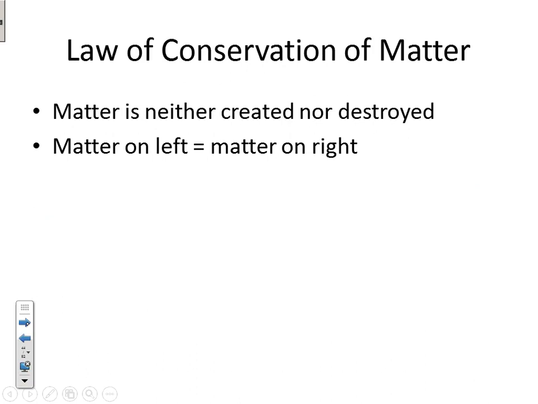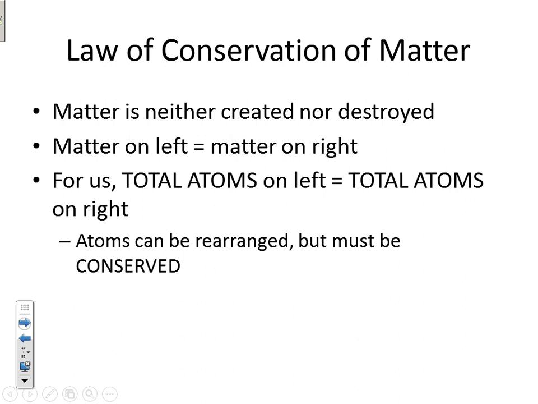The first law of conservation we're going to see is the law of conservation of matter. So that means that matter is neither created nor destroyed. And whatever matter you start with on the left-hand side of the arrow, you must end with the exact same amount on the right-hand side of the arrow. That arrow is always the indicator, sort of the equal sign, that separator between what you start with and what you end with.